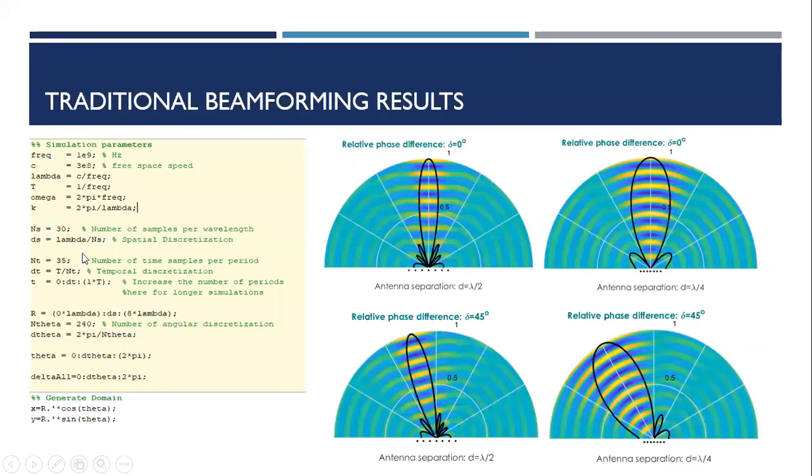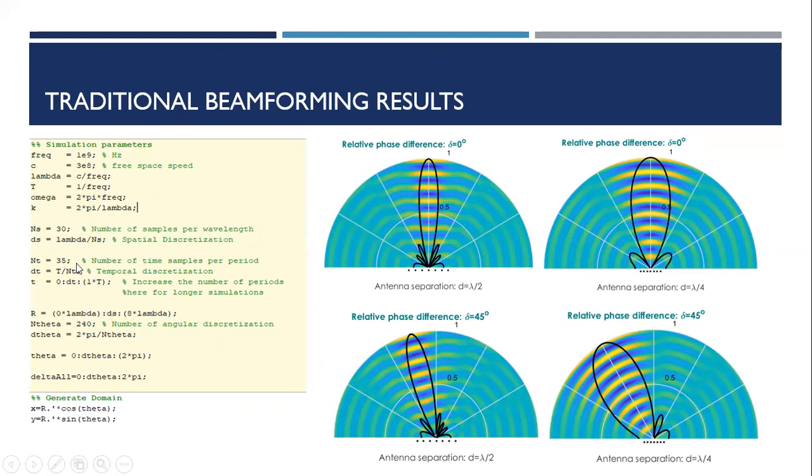Apart from these main important parameters that can be tuned, we have other parameters that are essential for the simulation. So we have the number of samples per wavelength, ns. In order to increase or decrease the speed of the simulation, we can either increase or decrease the number of samples. Similarly, we have the spatial discretization, which is basically the discrete samples present between each transition for the beam.